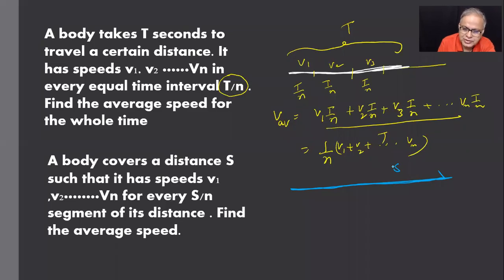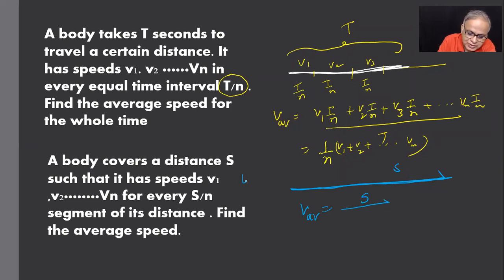This is S. So what is he saying? It says that it has speeds V1, V2, Vn for every S by N. So the average speed will be total distance, S by N plus S by N plus S by N and so on, which is S only, right? Yes, sir. Divided by the total time.